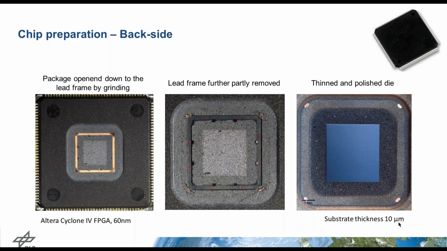A substrate usually has a thickness of several hundred micrometers up to a millimeter. We have to thin it down. And at the end, the last step is to polish the surface. This polishing is required if you want to have the highest spatial resolution you can achieve with your setup.